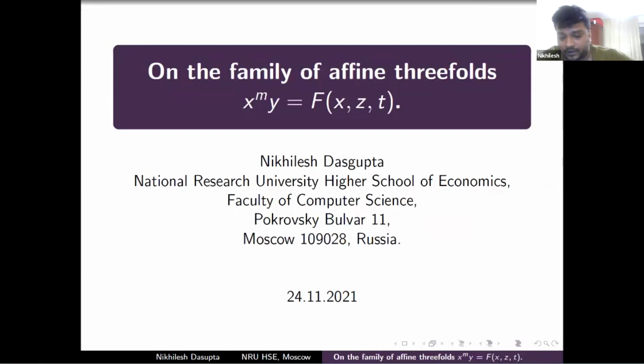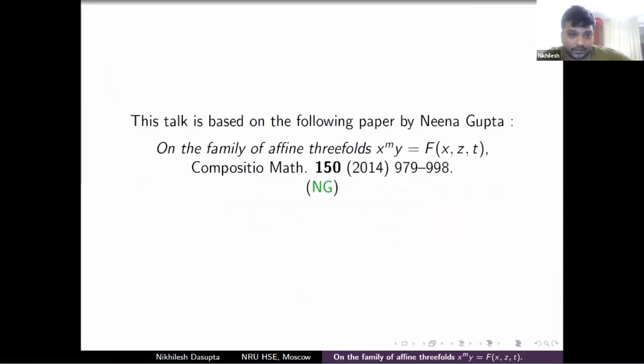It need not always be a field of characteristic 0, or the field of complex numbers. First of all, I should mention that some of the slides and the content of this entire talk are based on the paper by Neena Gupta, which has the same title. It was published in 2014 in Compositio. Whenever I use this notation NG, I will refer to that paper.